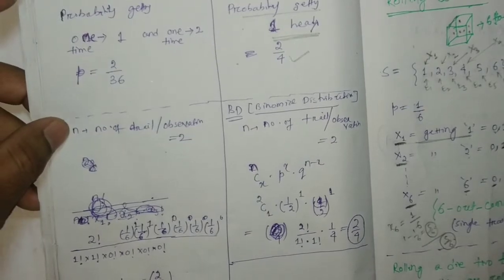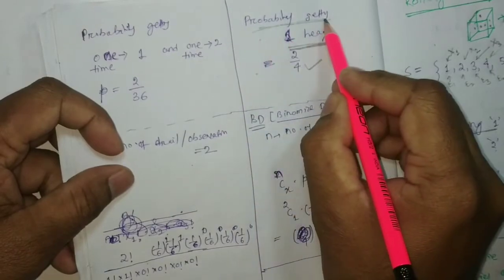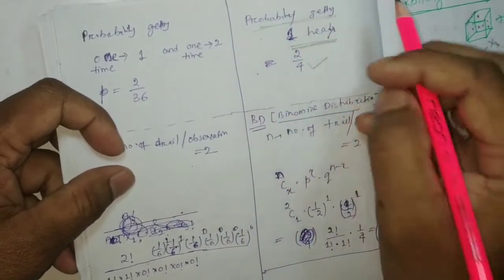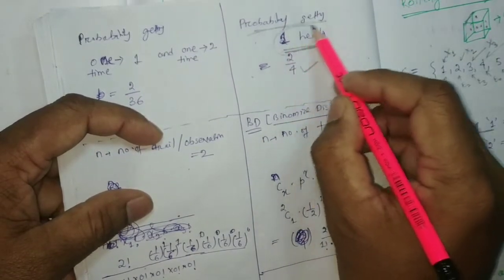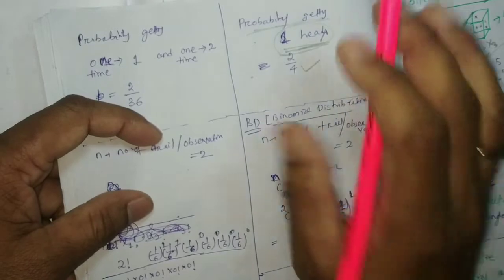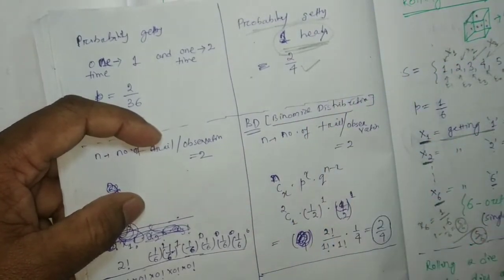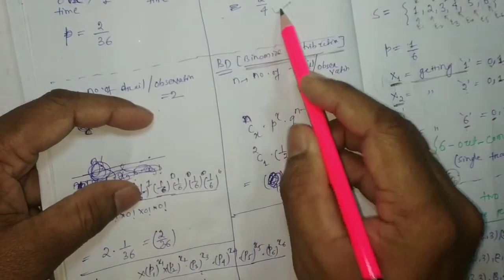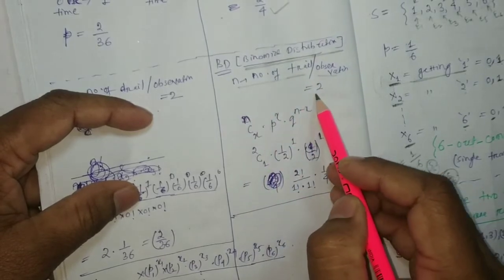Here you can imagine that in the question, one head means automatically the other is one tail. As we are tossing one coin two times, one head we are expecting means the other one will be a tail. If we use the binomial distribution for this case, the number of trials or observations is 2.